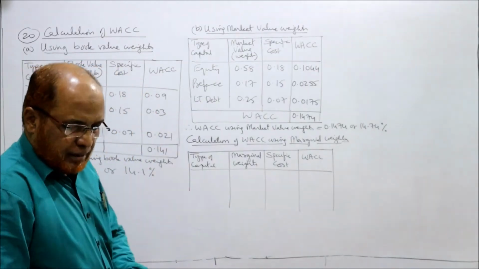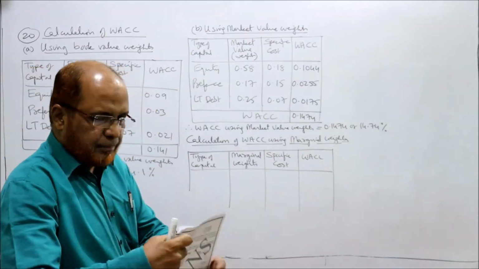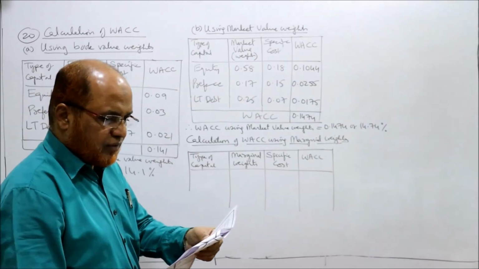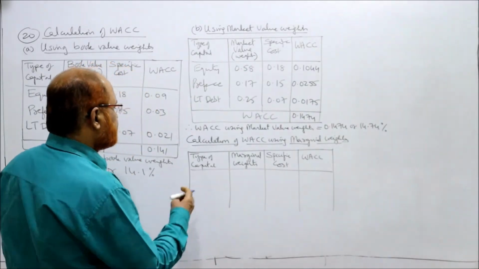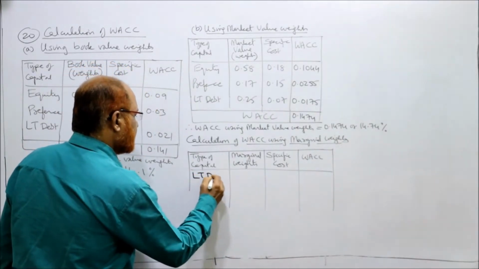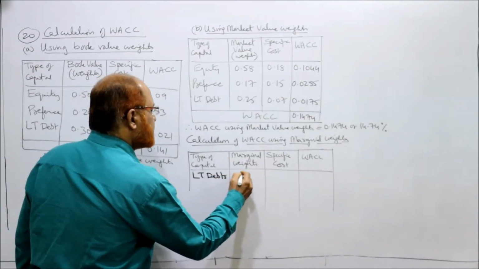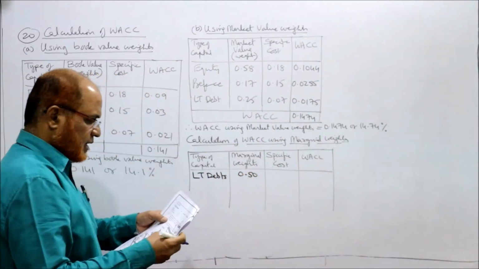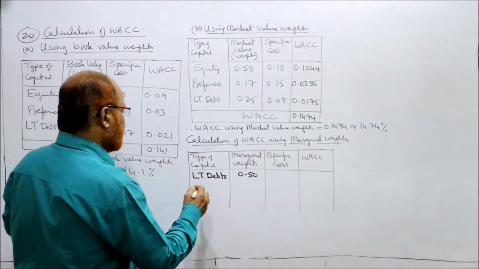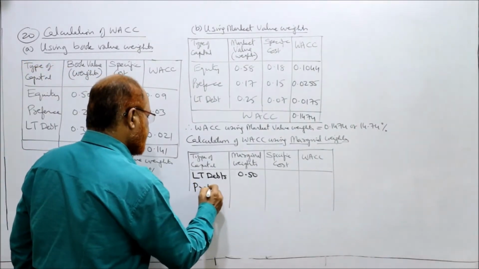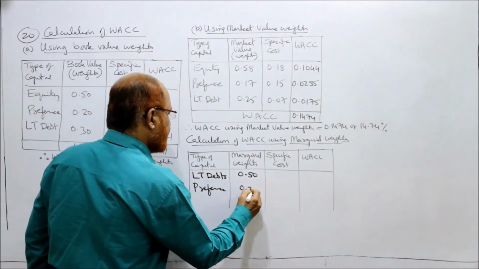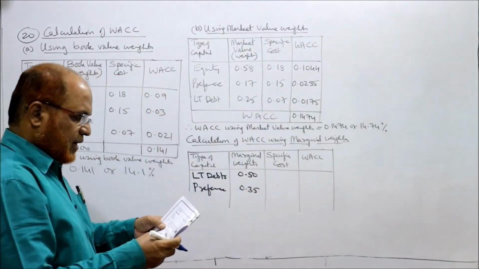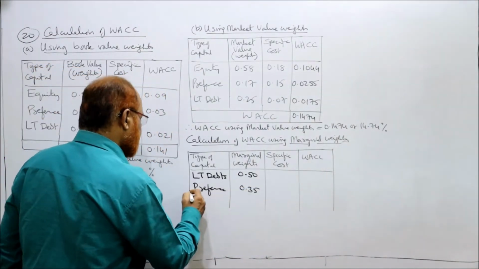Now we'll take type of capital. The type of capital required is first of all 50% long-term debt. 50% means 0.5, and 35% preference, 0.35, and 15% retained earnings.